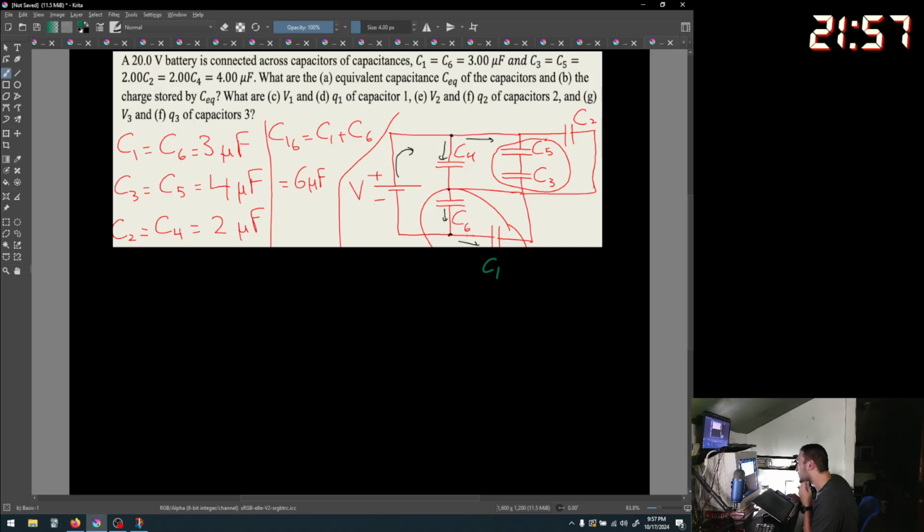There's a junction there, so this must mean it's in parallel. And these are definitely in parallel. Now, are these in series or are these in parallel? There's a junction. What does parallel mean? Two junctions? I guess that's what this problem is going to teach me.